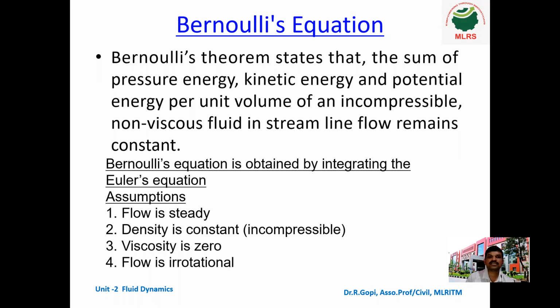For gases it is not applicable, because gas is a compressible fluid. Next, viscosity is 0 and flow is irrotational. These are the basic assumptions, and based on these assumptions we derive Bernoulli's equation.